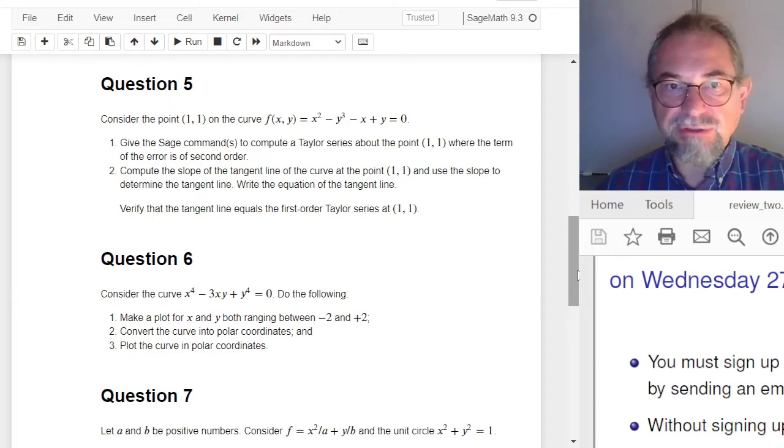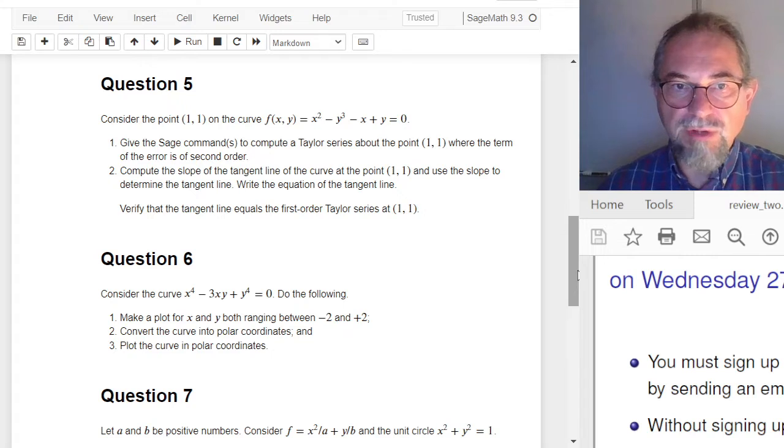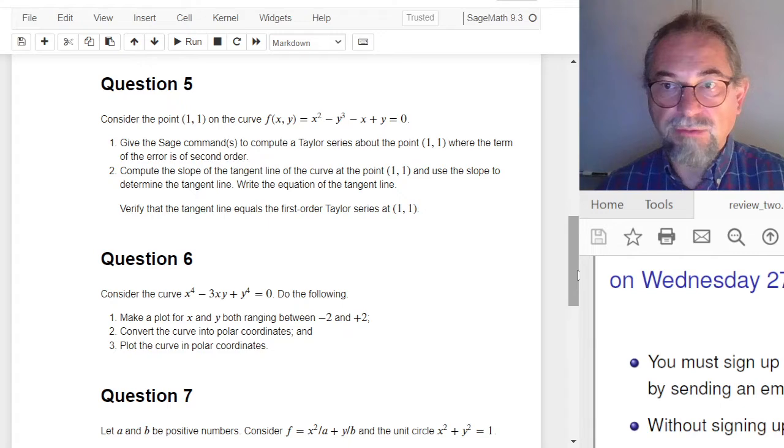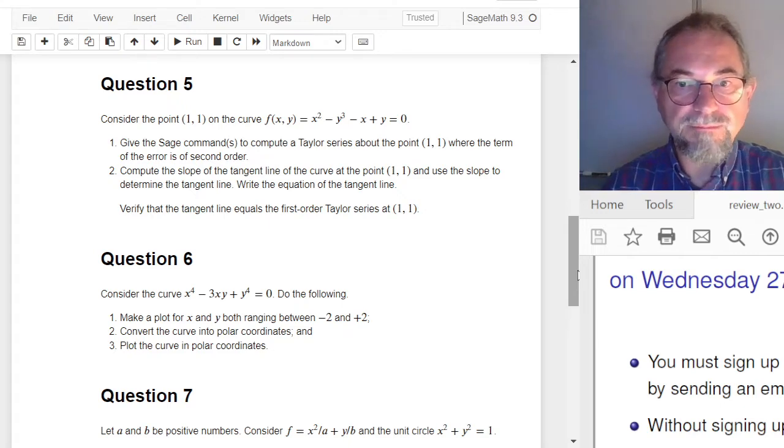Question 5 was on a quiz, and there I was just asking to compute the slope of the tangent line to the curve at a point. That's the standard formulation for the slope problem. You can do this in two ways. Both of them are good. In this review, I have a more elaborate question. I show how to do them both in the hope that you will remember one of them. Okay.